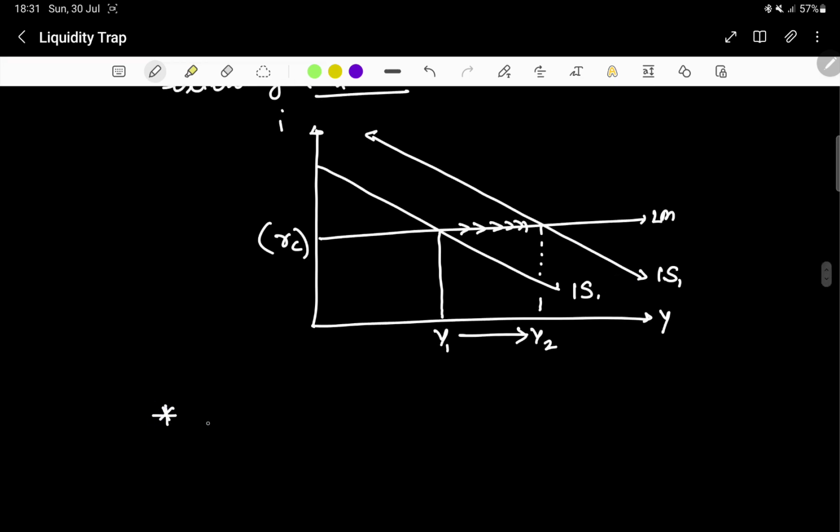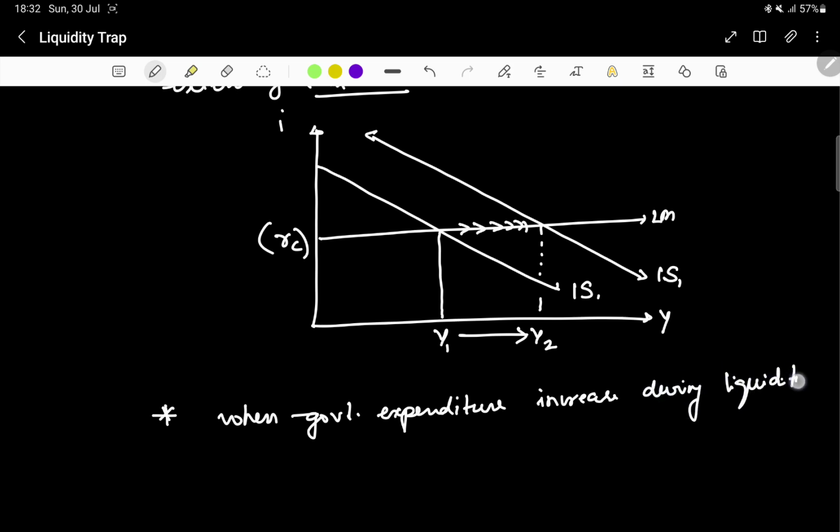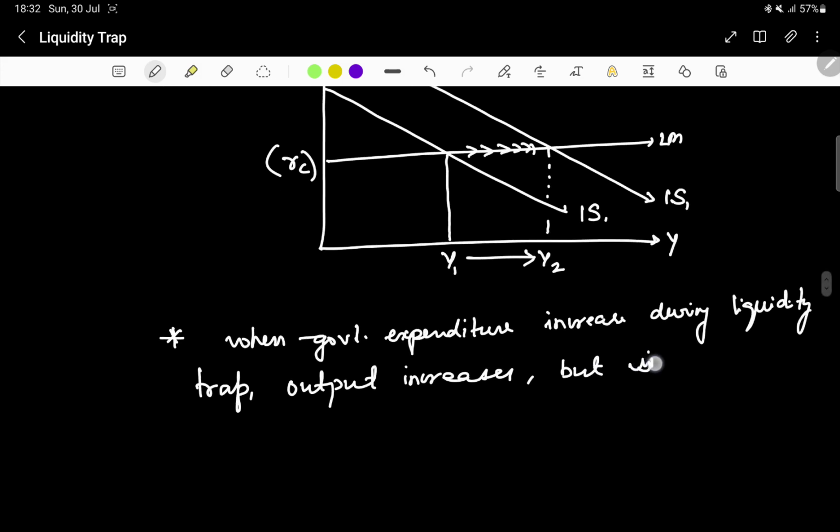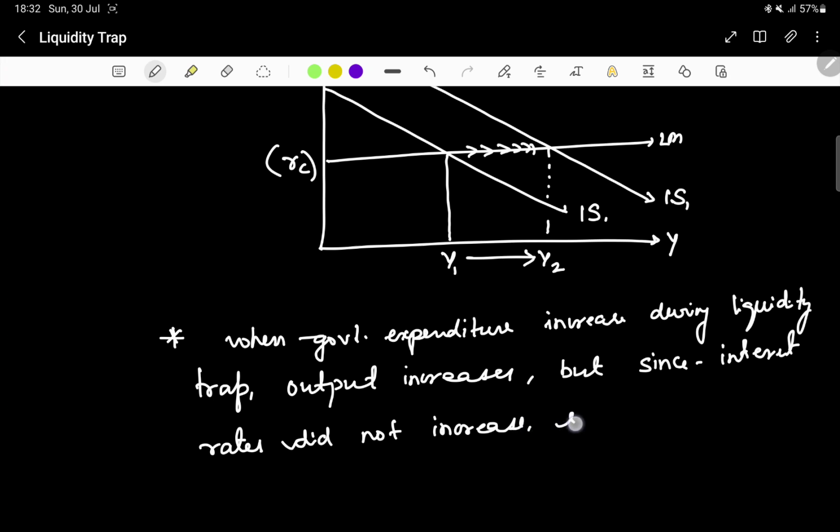So under such a situation, when government expenditure increases during a liquidity trap, output increases, but since interest rates did not increase, it did not result in crowding out.